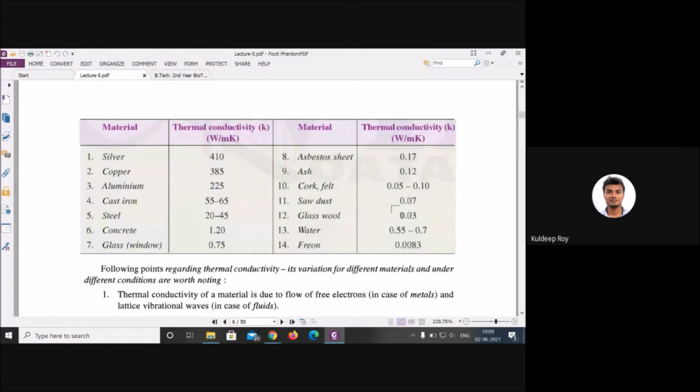Now you can see the thermal conductivity of silver is very high, meaning it will transfer more energy compared to other kinds of material. Glass wool, you can see, has very low thermal conductivity, 0.03 in comparison to all the others here. In any industry, any pharmaceutical industry, any research lab, people generally use glass wool to control heat transfer. So we generally apply this kind of material around the jacket, or around any reactor, to control the heat transfer.